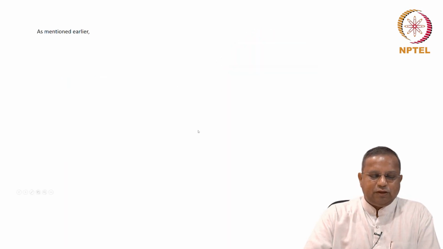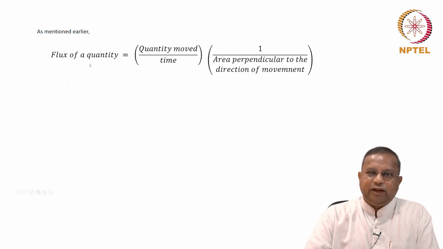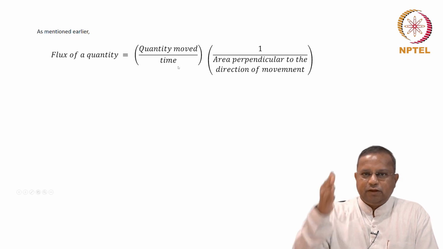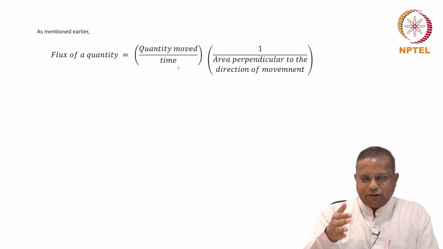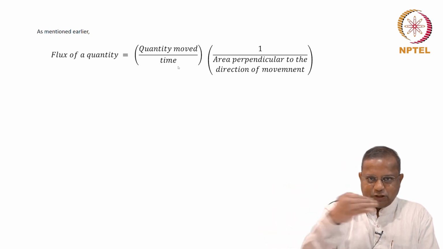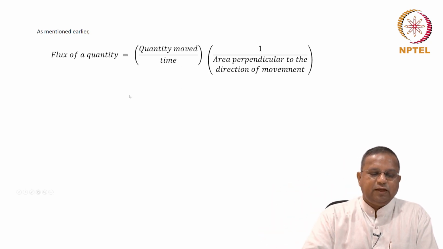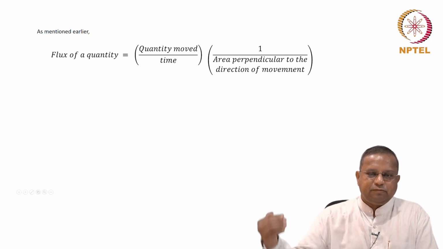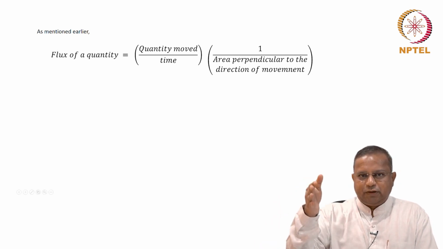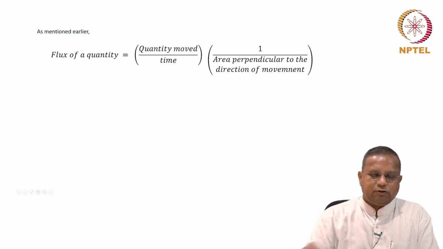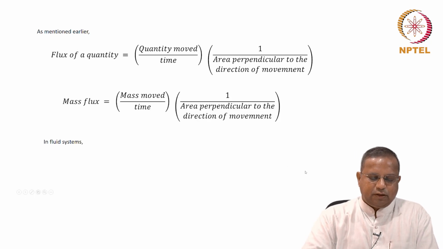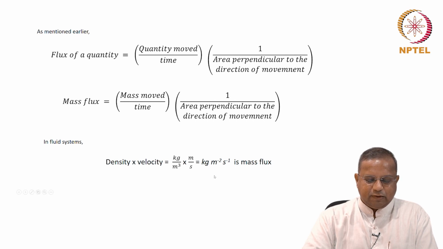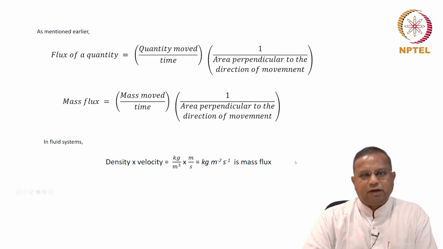So the flux of any quantity, we said, was the quantity moved per time per unit area, perpendicular to the direction of the motion itself. In this case, mass flux is mass moved per time per area perpendicular to the direction of motion. And we also said that in fluid systems, the density times velocity directly gives us mass flux.